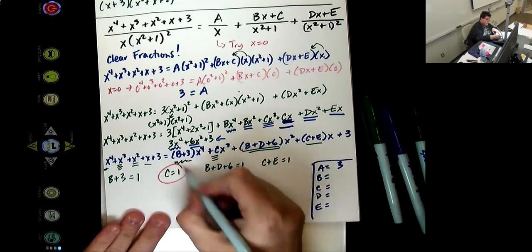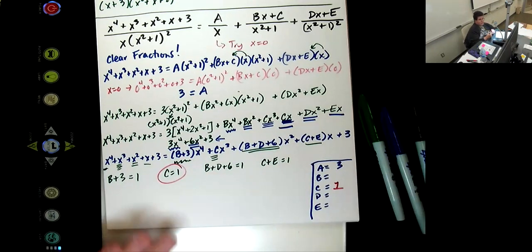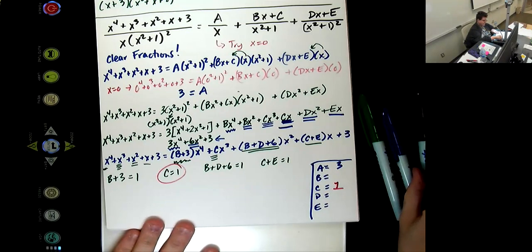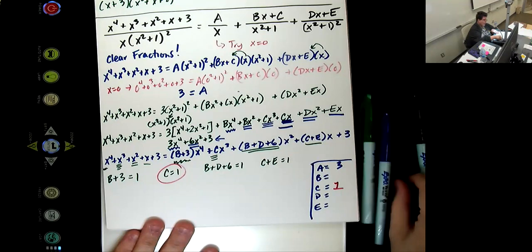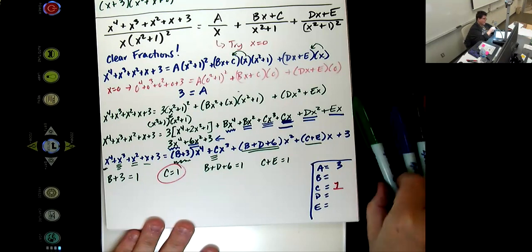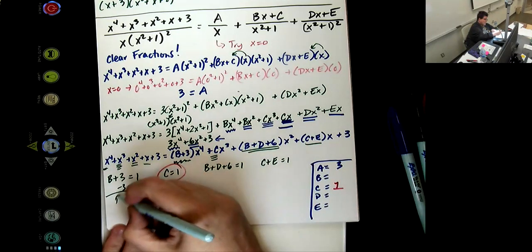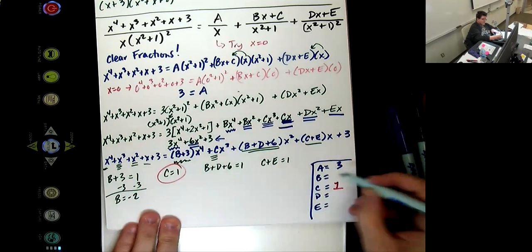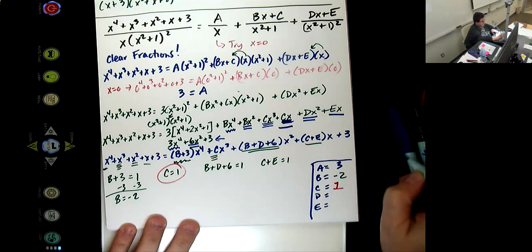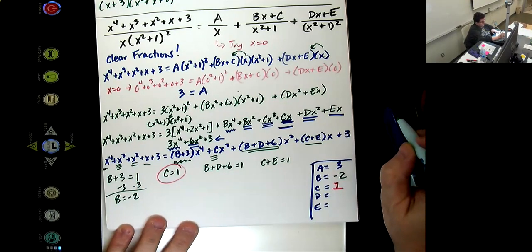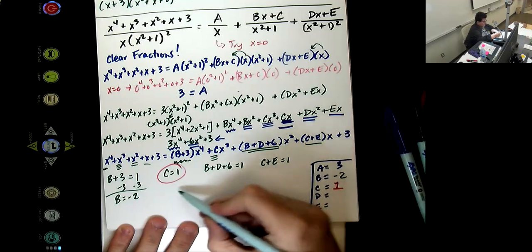C equals 1. If I solve this one for B, I get B equals -2. Which I can put in here.